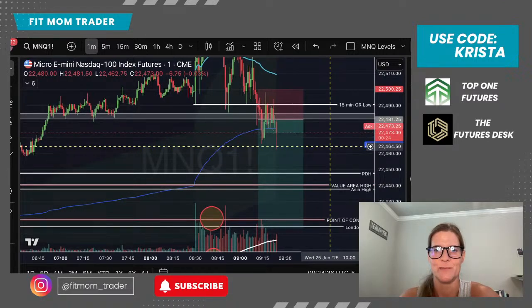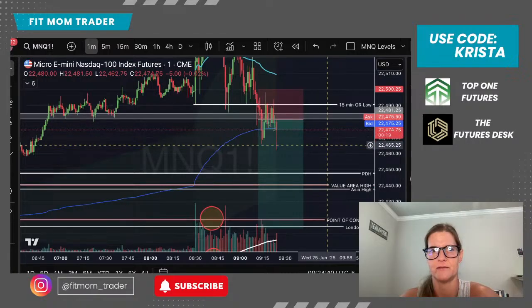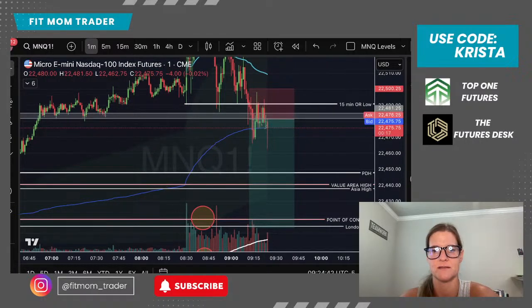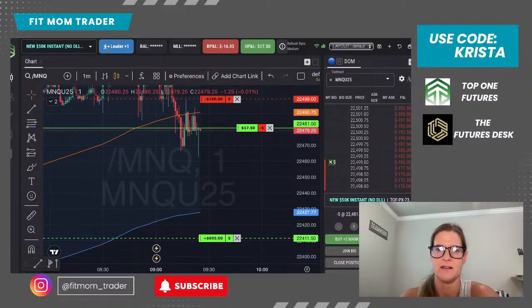So it keeps playing with it, and then it comes back up and closes above. So it's playing with us. It's almost like sellers want to bring it down, but buyers are strong in defending it right now.